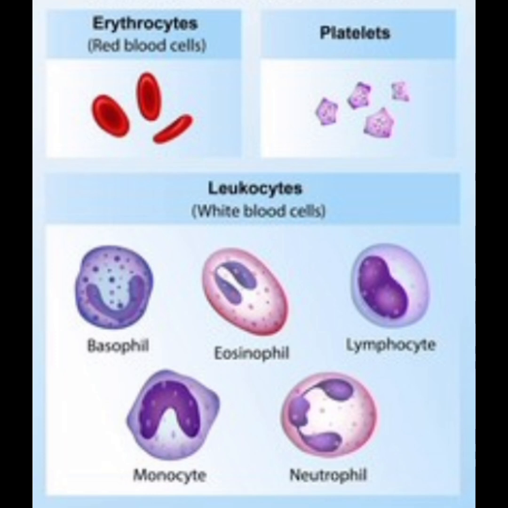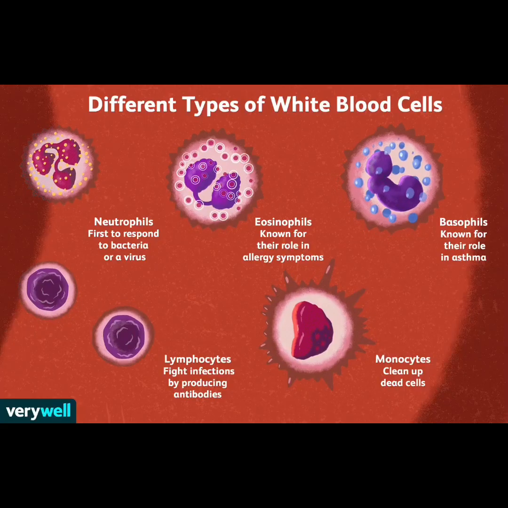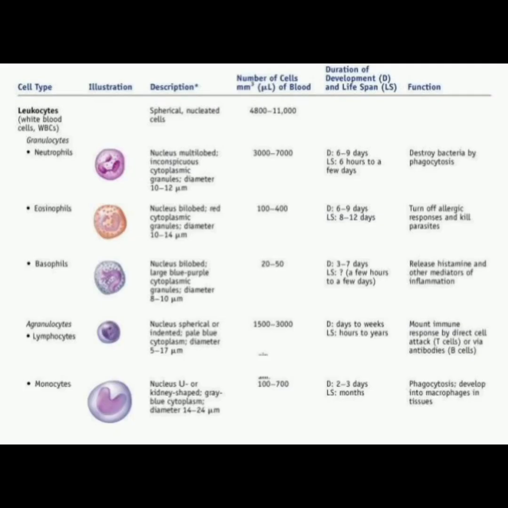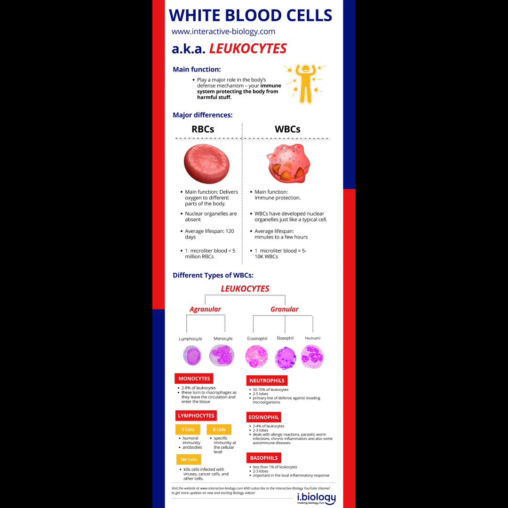Now, basophils secrete histamine, serotonin, heparin. These are nothing but the secretions which are involved in inflammatory reactions. Now, coming to eosinophils, they resist infections. They are also associated with allergic reactions. The allergy which we have is associated with eosinophils.